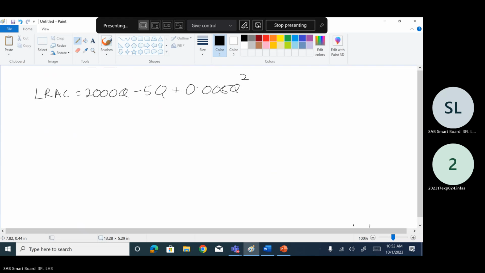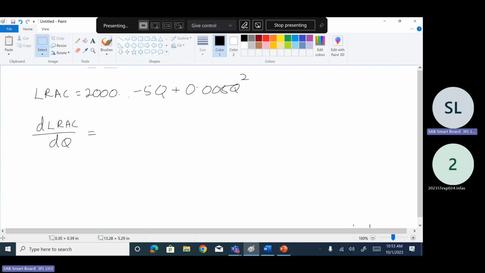For the average cost, the LRAC, you need to differentiate, because you need to find the minimum point, the total cost minimizing average cost output level. Minus 5Q?